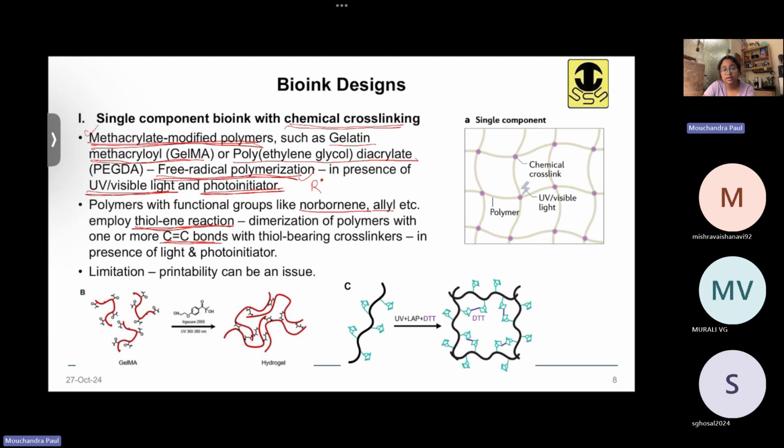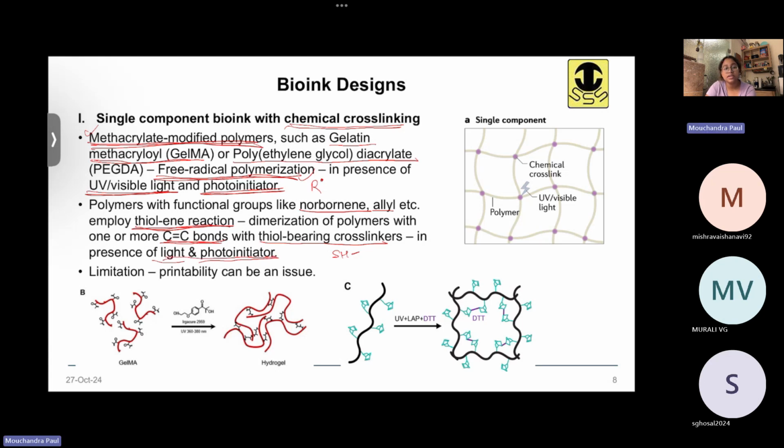And this carbon-carbon double bond is attacked by thiol-bearing crosslinkers. Thiol means SH group. This SH group goes and targets this carbon-carbon double bond and then forms covalent bonds with it. Okay. So again, this process happens in presence of light and a photoinitiator.